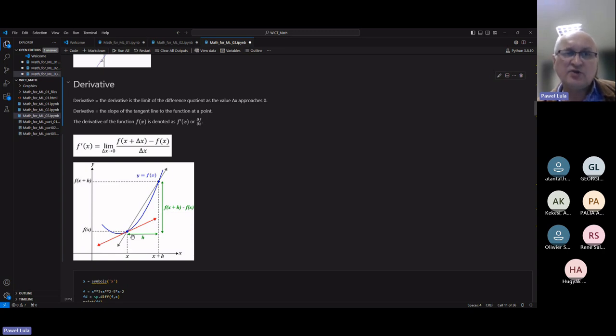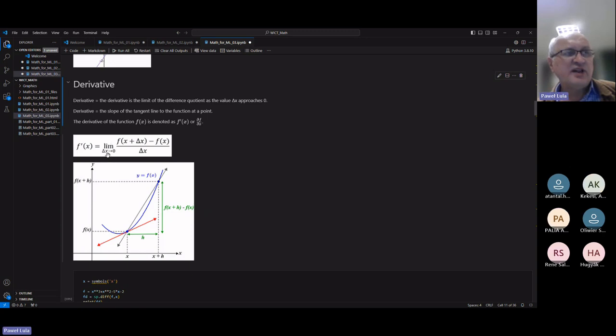So we are going to calculate a limit in the situation in which delta x is very close to zero. It is represented by the symbol. This value will represent a tangent of this angle, and this value is called the derivative of this function f.